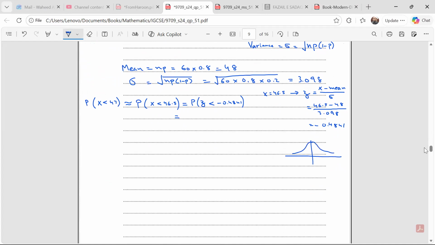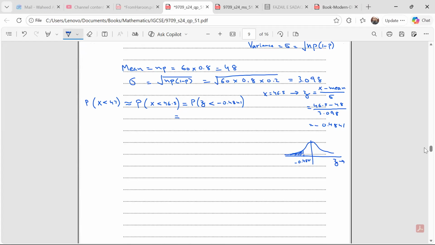It has mean of 0 and variance of 1. So this number is somewhere over here, minus 0.4841, and we are interested in this area. The probability that Z is less than this quantity is this area.